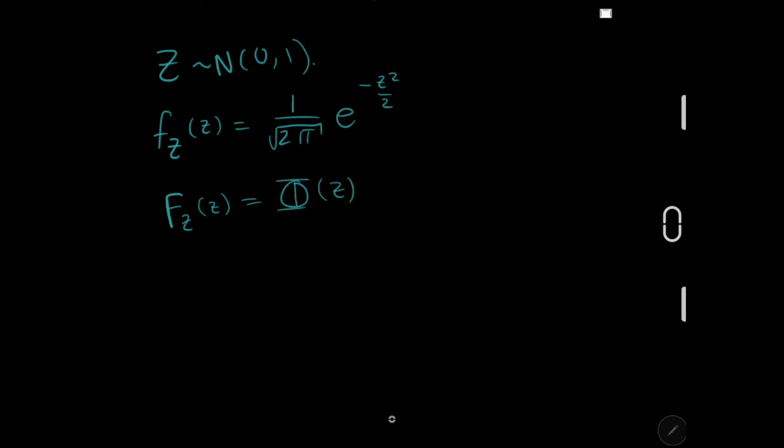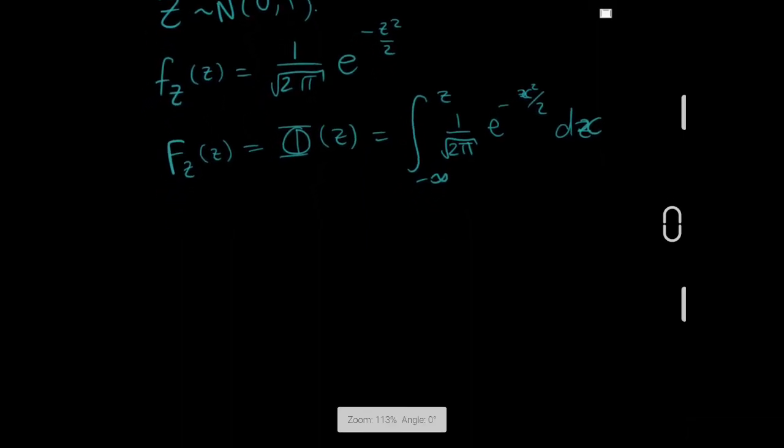Essentially, you're taking the PDF and integrating it for a particular z value. Actually, this should rather be an x inside the integral, and you're evaluating it at z. So that's just the cumulative distribution function of Z.